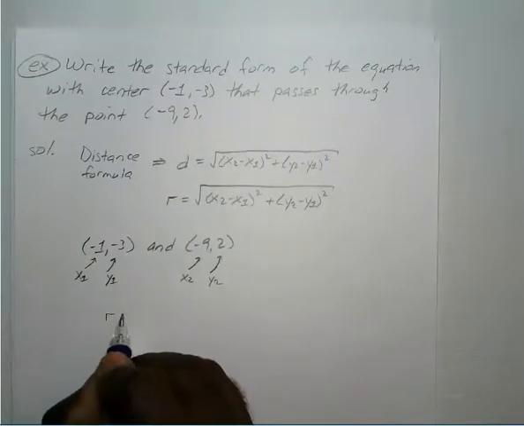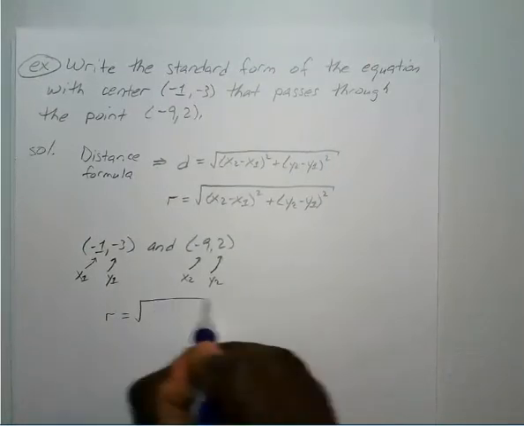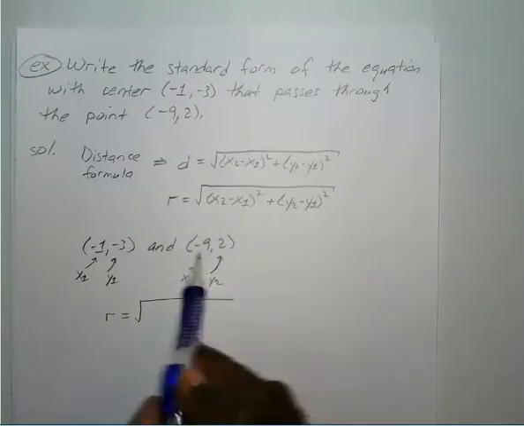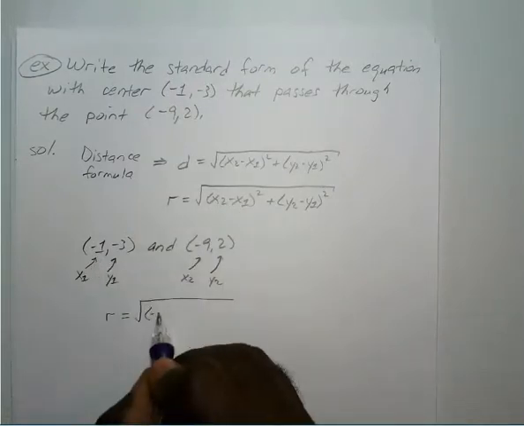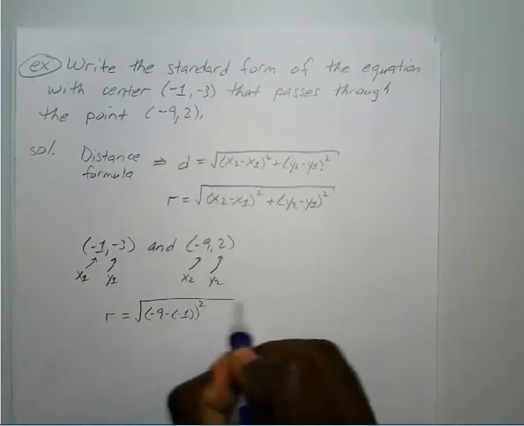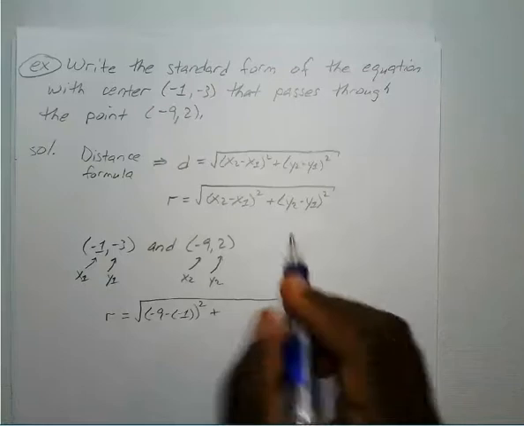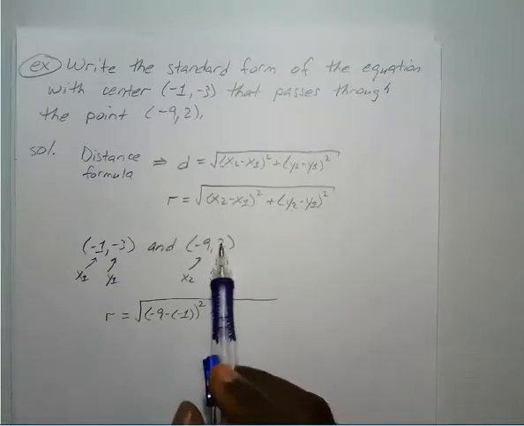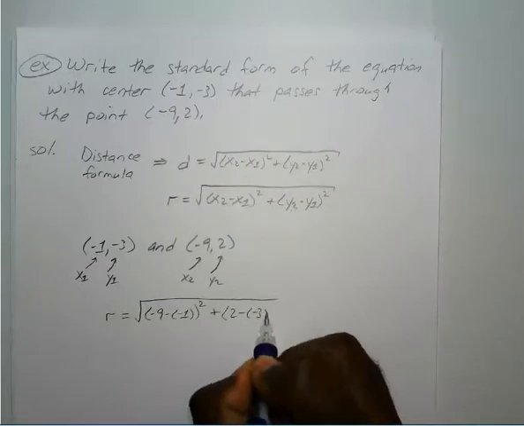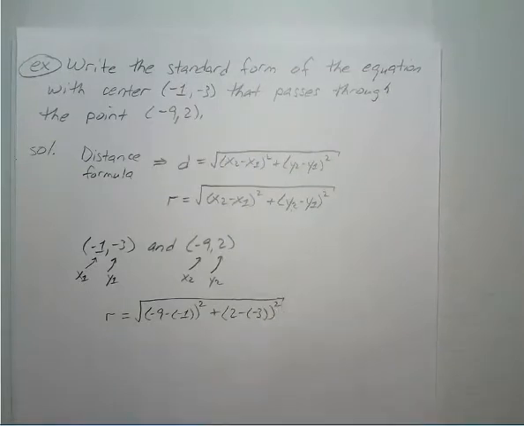So your radius is going to equal the square root of x2 minus x1, so that's -9 minus -1 squared plus y2 minus y1, so that's 2 minus -3 squared.